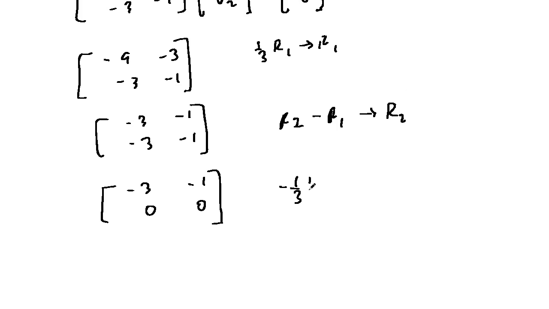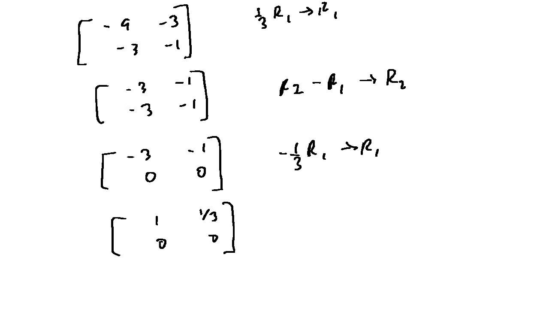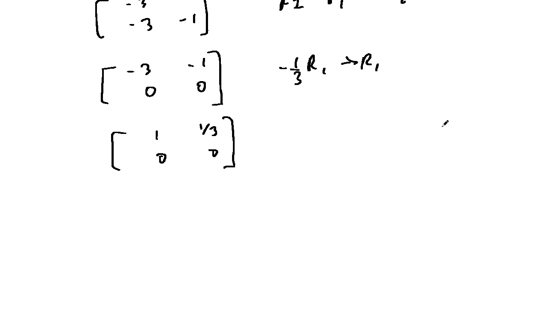Let's do negative 1/3 row 1. Okay, so from the first equation, or the first row, we get v1 plus 1/3 v2 equals 0.